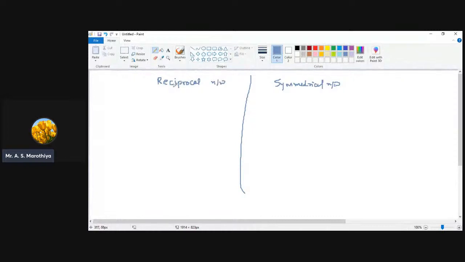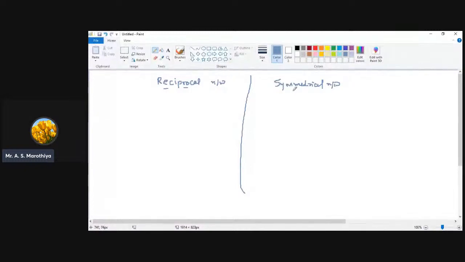Now, what is a reciprocal network? In network theory, reciprocal means that if the ratio of voltage at one port to the current at another port is the same ratio even if you change the position of voltage and current, then that type of network is called a reciprocal network. And what is called a symmetrical network?